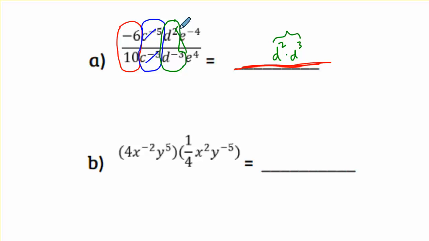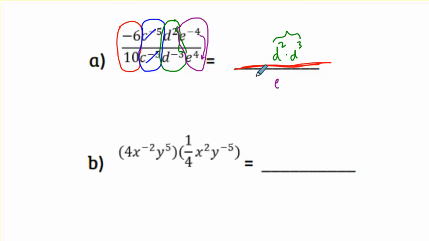And finally, we look at our E's. Now, don't fall into the trap of thinking that these cancel out like the C's did. Look, the C's had the exact same exponent. They were both -5s. The E's don't. This E on the top has a -4. This E on the bottom is happy where he is. So what has to happen? Well, this dude needs to come down to the bottom.